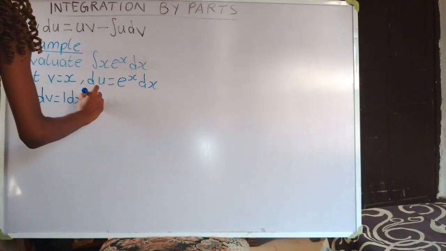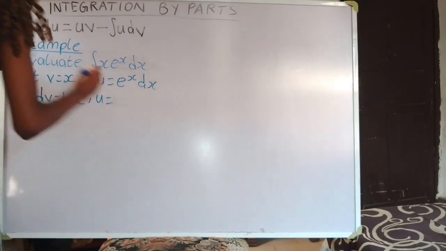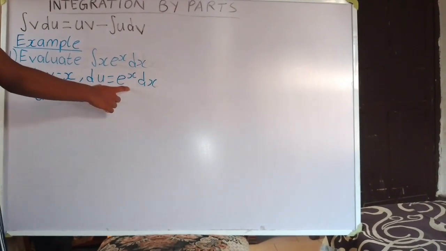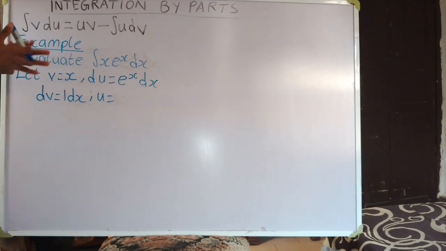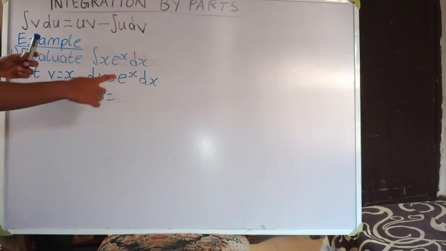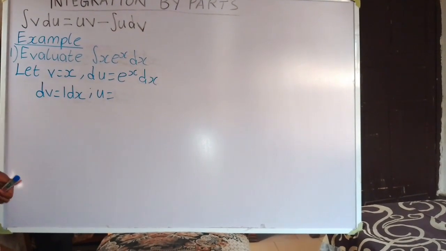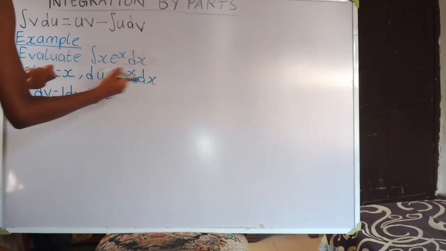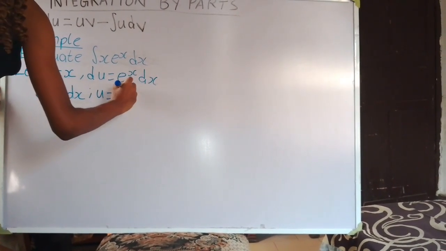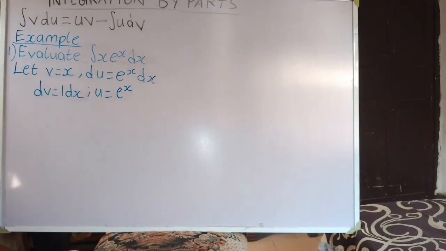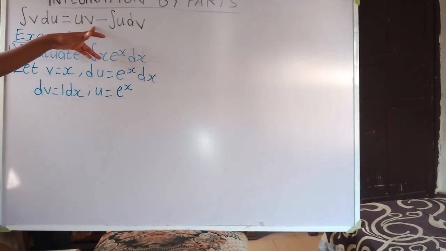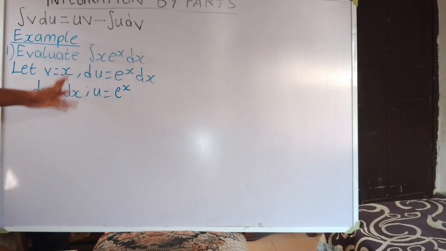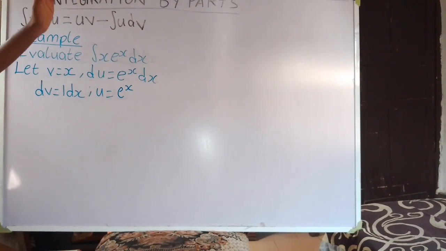Now, also, to get our u, we need to integrate this du. According to our definite integrals, the integral of exponential x will still give us back exponential x. It means that our u is going to be exponential x. So now that we have all our parameters, we have u, v, du, and dv, we'll put it into our formula.